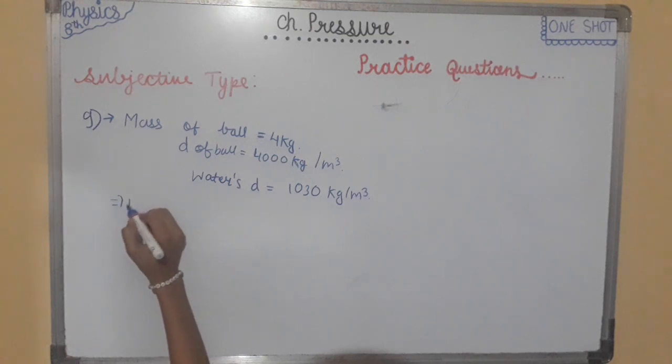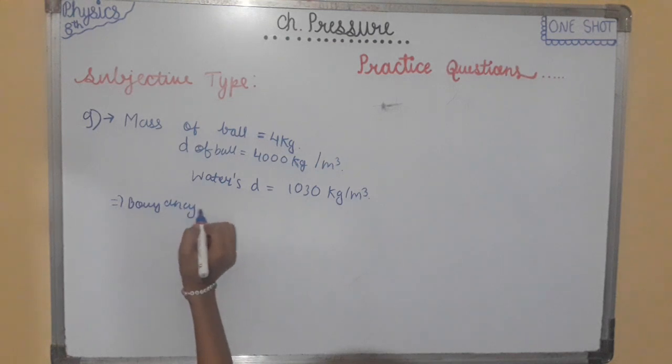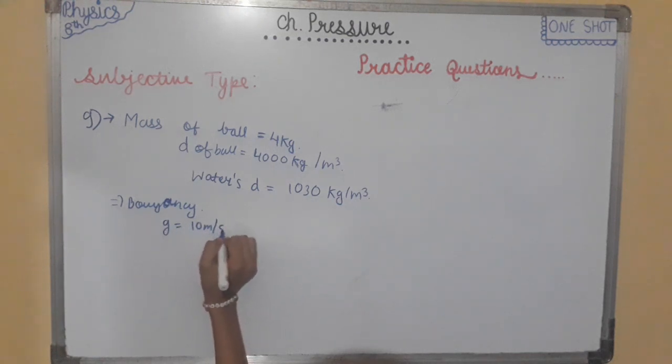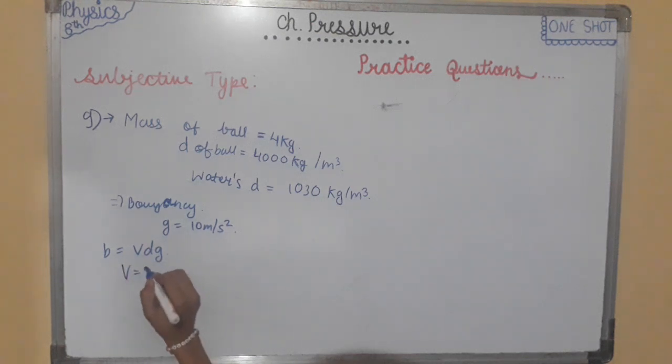The thing we have to find is buoyancy. G is equal to 10 meter per second square. Buoyancy is equal to VdG, volume into density into G. So we have to find V.